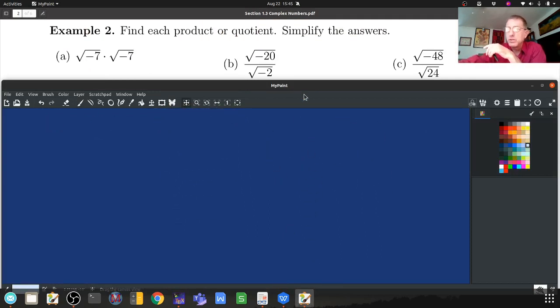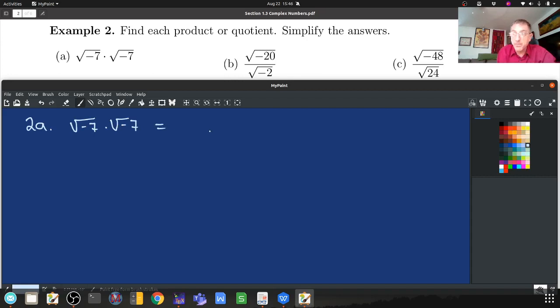So let's do example 2, exercise A. We have 2a, the square root of minus 7 times the square root of minus 7.